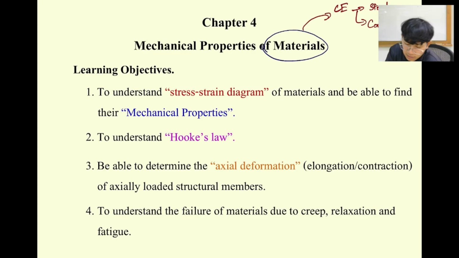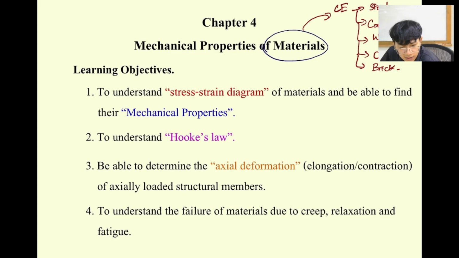Anything else? Timber, or we just basically call it wood. What else will you test at the labs? We have cast iron, CI. Okay, what else? We have brick. So these are, I think, the most used materials in our CE.